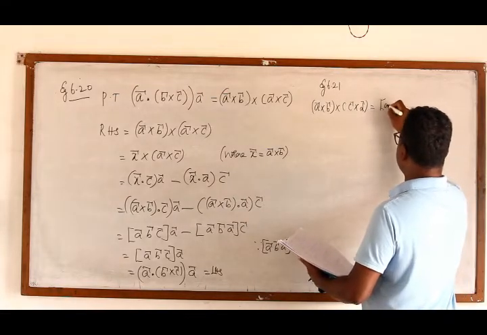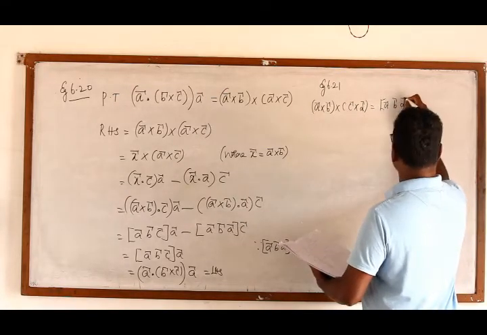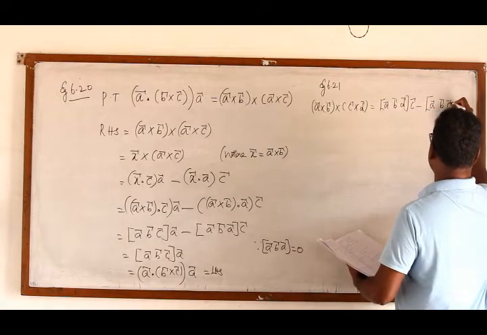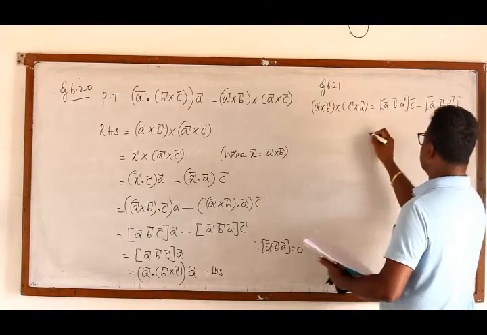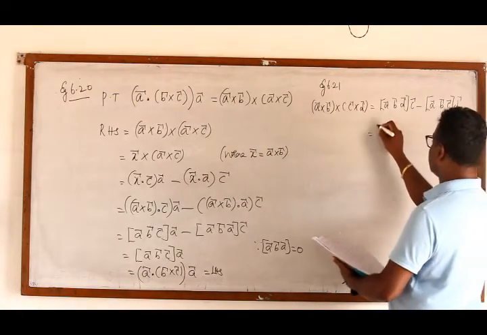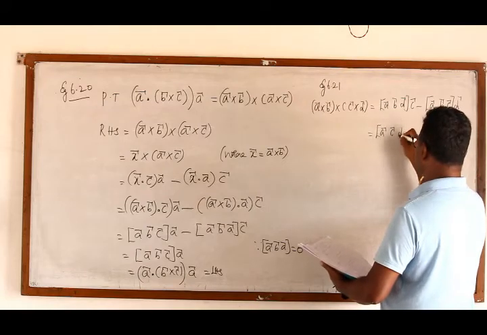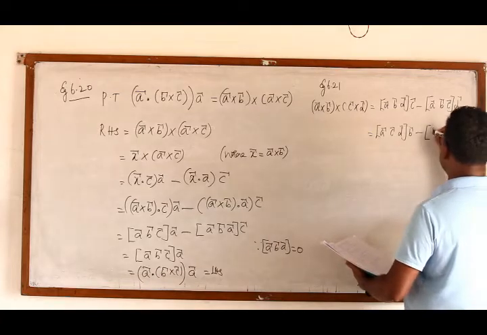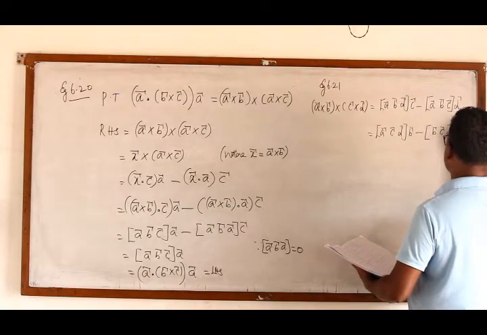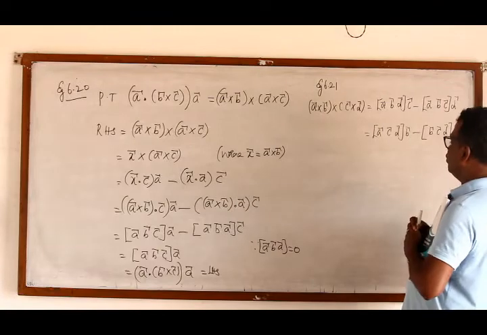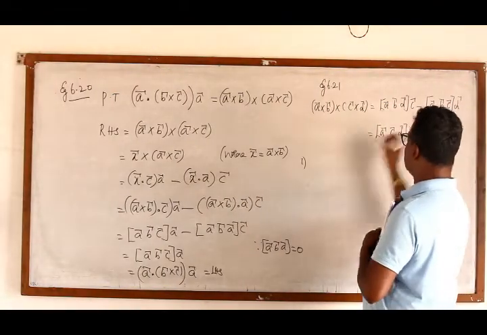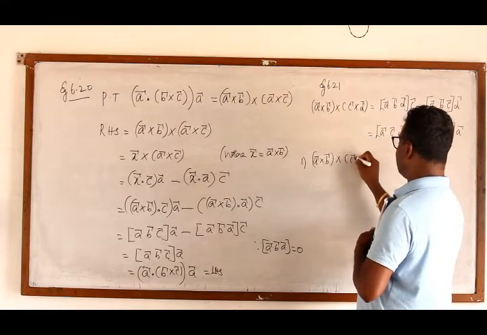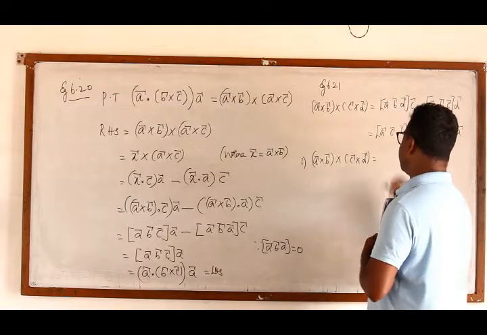One is box product of ABD into C minus box product of ABC into D. The same can be proved as box product of ACD into B minus box product of BCD into A. We shall prove both. So first I will prove this one. Take the same question and we shall prove each of these.